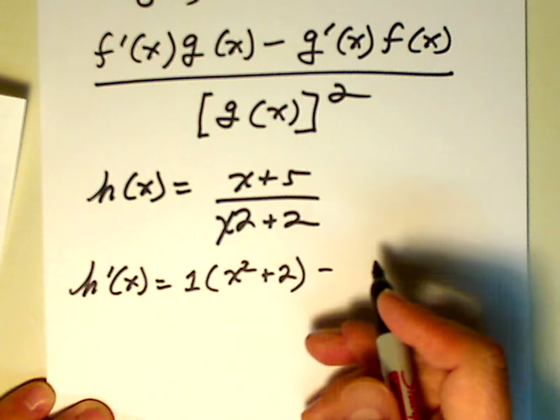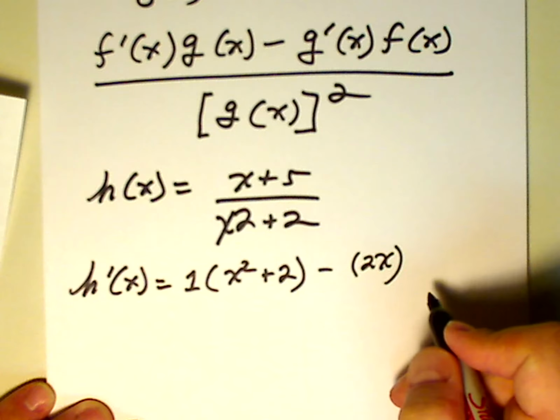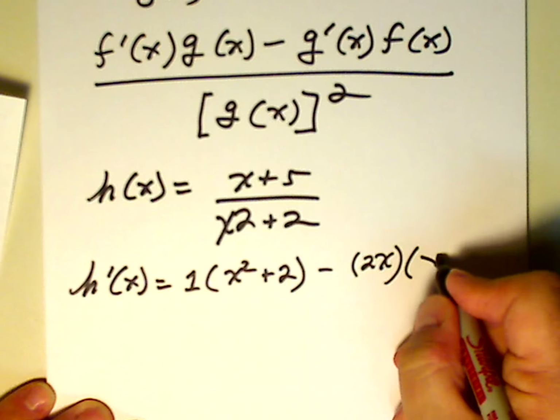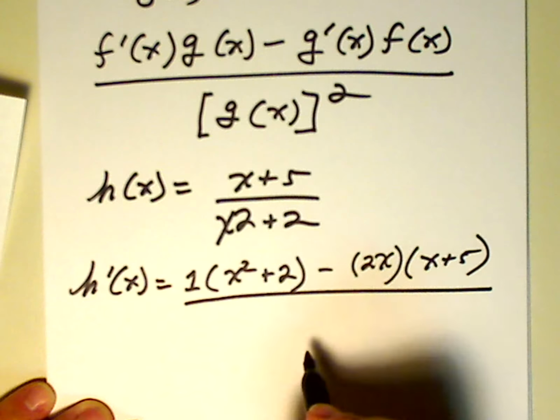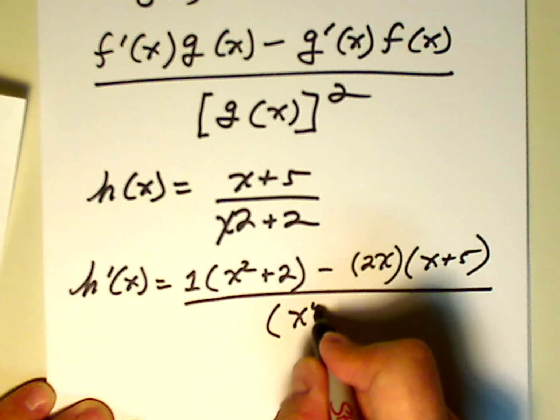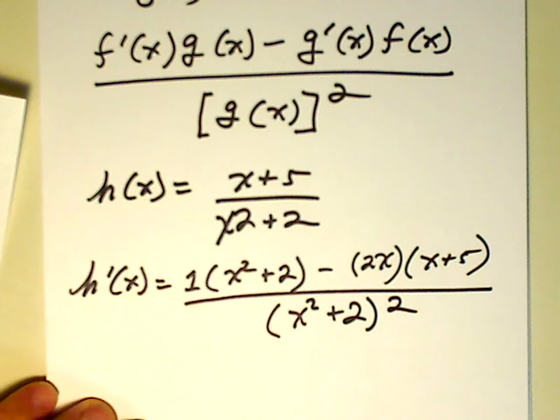Well, the derivative of x squared plus 2 is 2x, times the numerator, x plus 5, and that's over the denominator squared, which is x squared plus 2 squared.